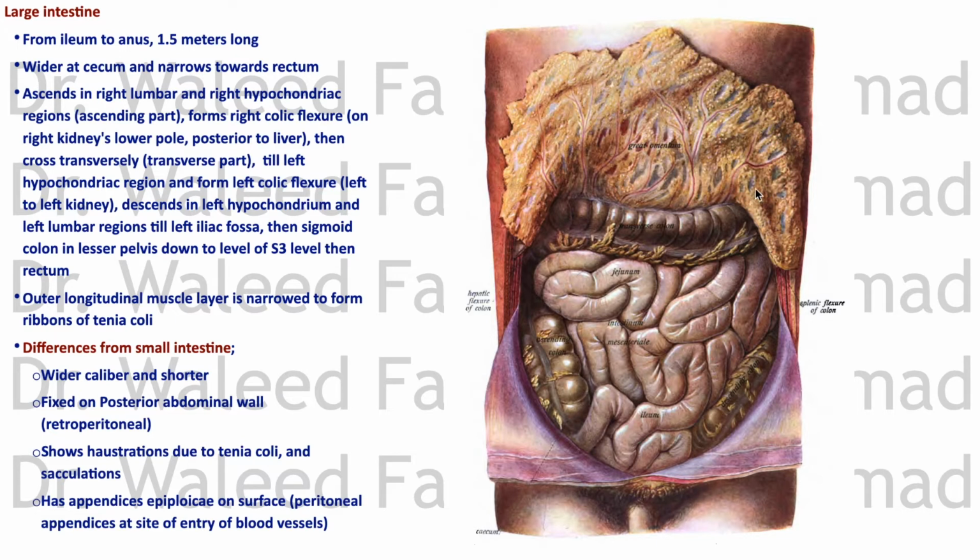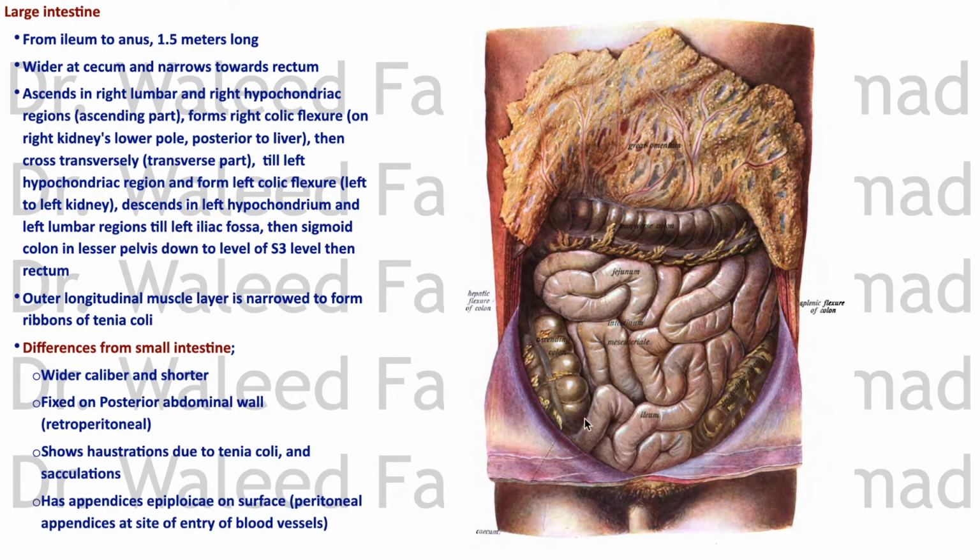Anyway, at the left colic flexure, not on the lower pole of the left kidney, but beside the kidney, at the left side of the kidney, the descending colon descends across the hypochondrium to the left lumbar region to the left iliac fossa, and as you go down, it shifts medially to form the sigmoid colon, which is called the pelvic colon, and then the sigmoid colon has a rather S-shaped course.